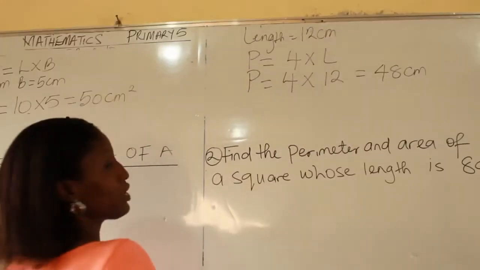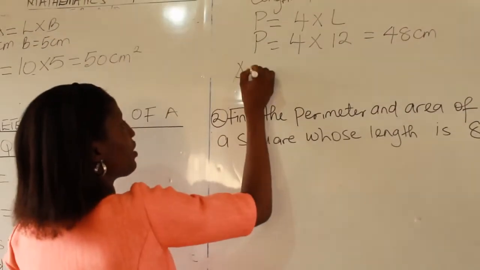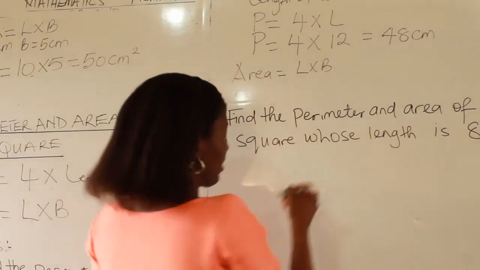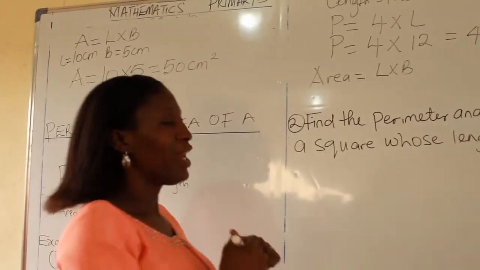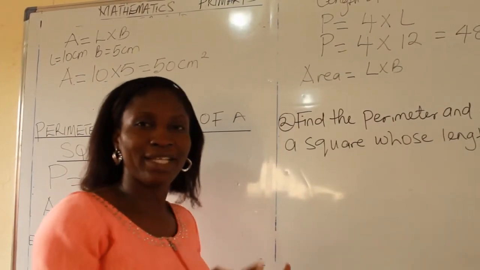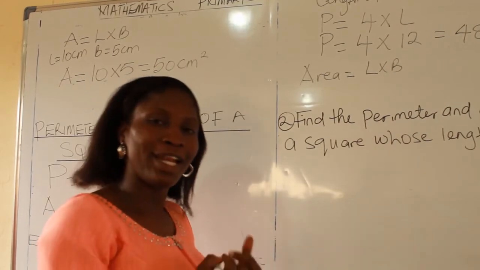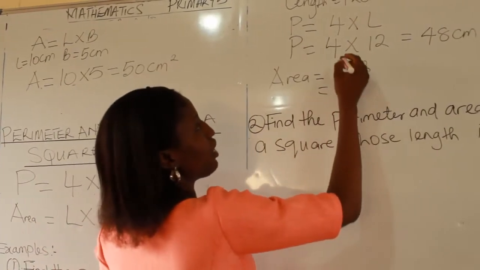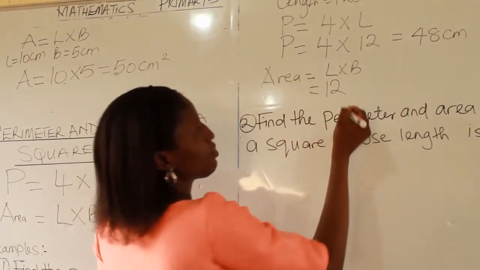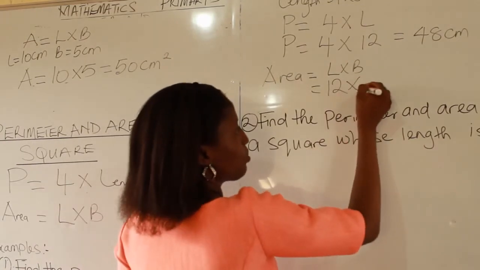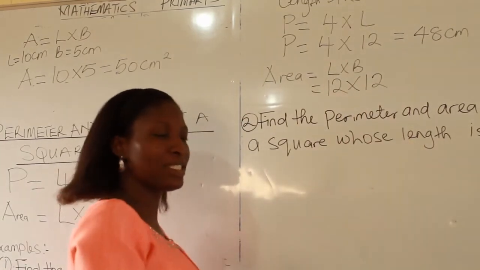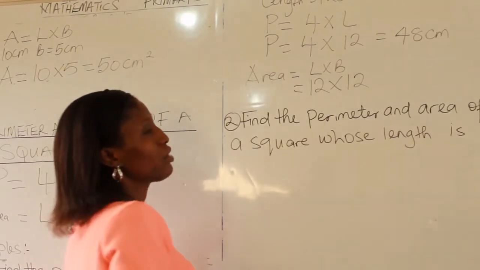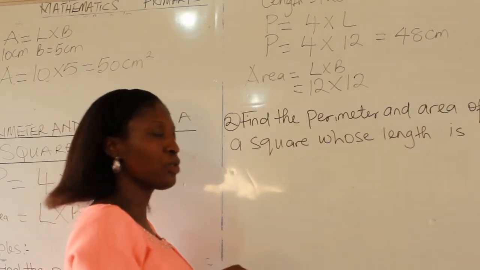Now we want to calculate the area. Area equals length times breadth. For a square, the length equals the breadth because all the lengths are equal. So the length is 12 centimeters and the breadth will also be 12 centimeters. The length is equal to the breadth.